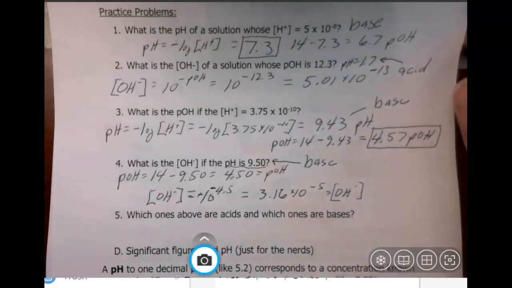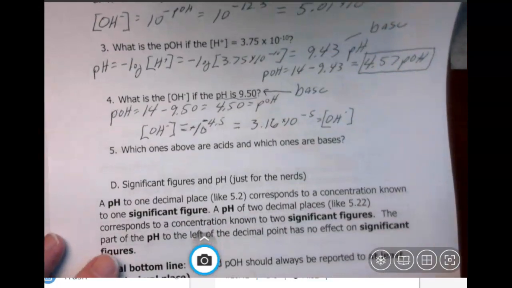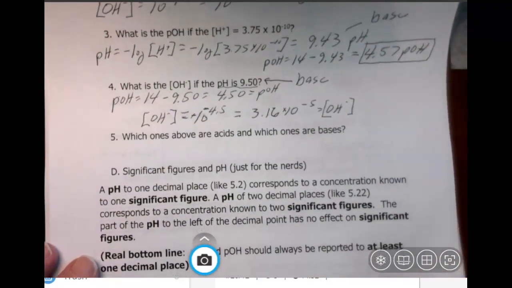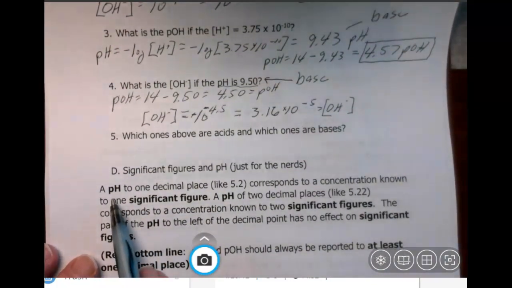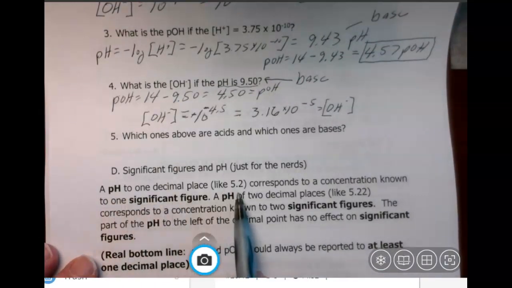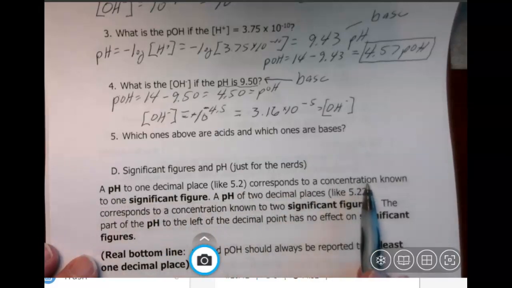All right, now, I promised you we'd talk about significant figures in pH. A pH to 1 decimal place, like, say, 5.2, corresponds to a concentration known to 1 significant figure.